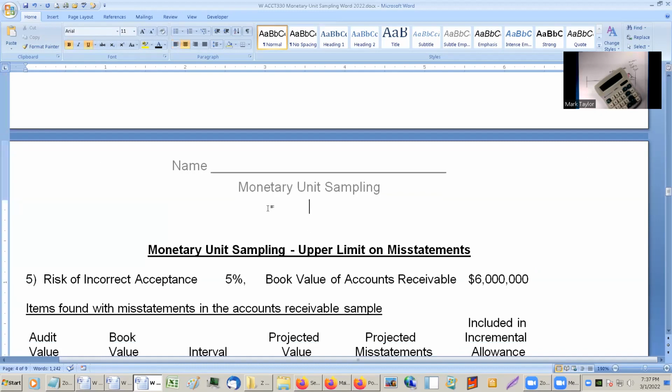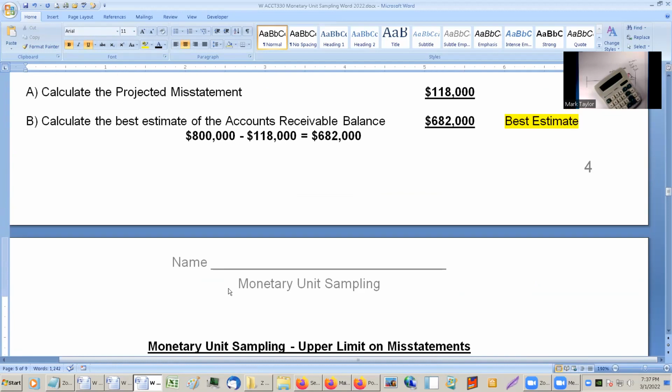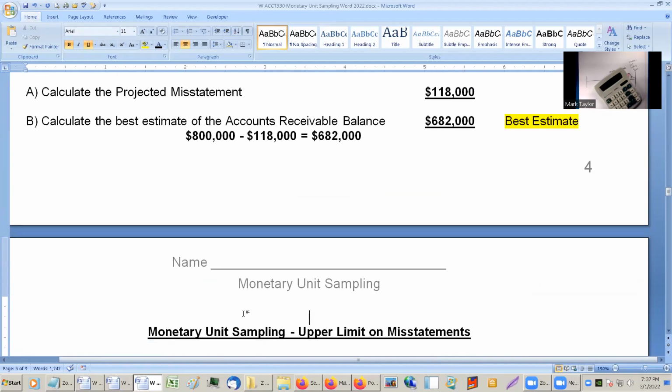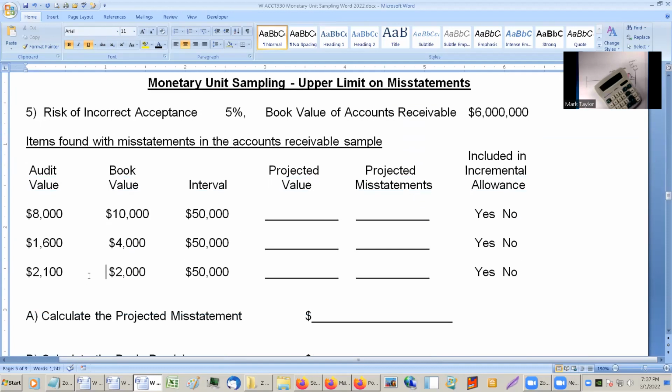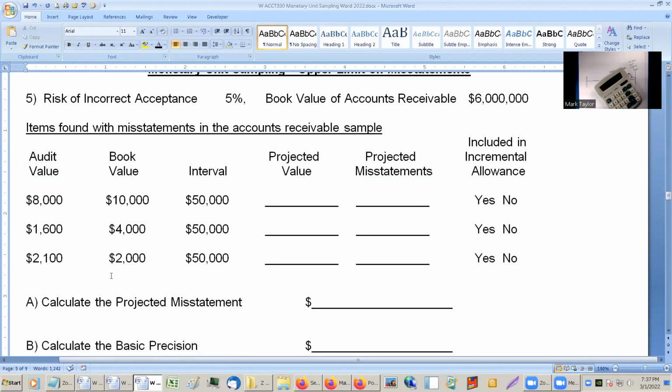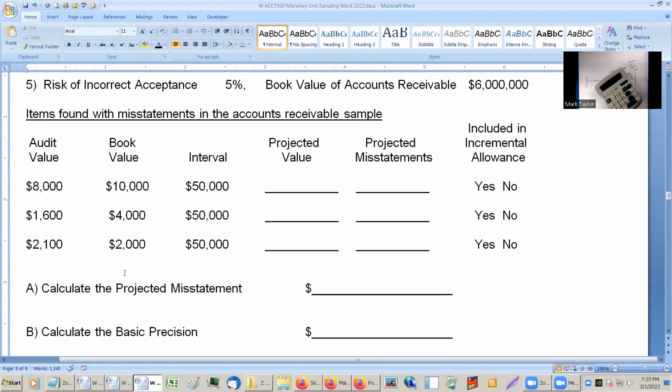Okay. I think we're going to do part of this one and then we'll come back. We're just going to do this top part here. And I think I'll be quiet and see if you can do these first three items. Find a projected value, correct misstatements, and we can talk about whether it's going to be in the incremental or not.